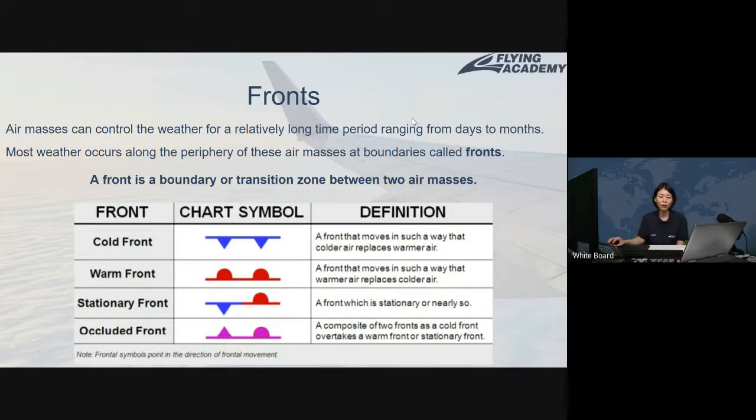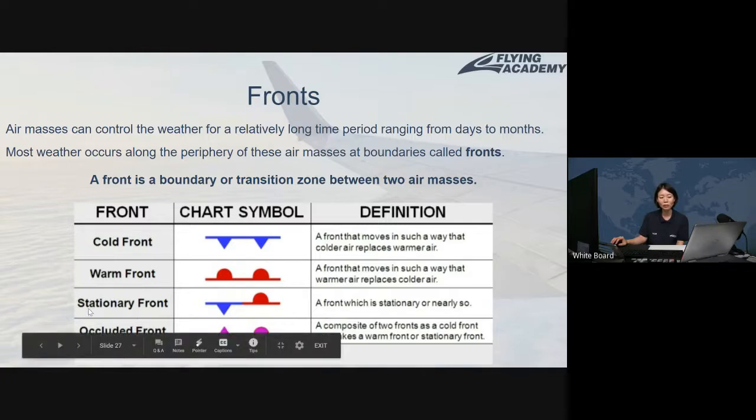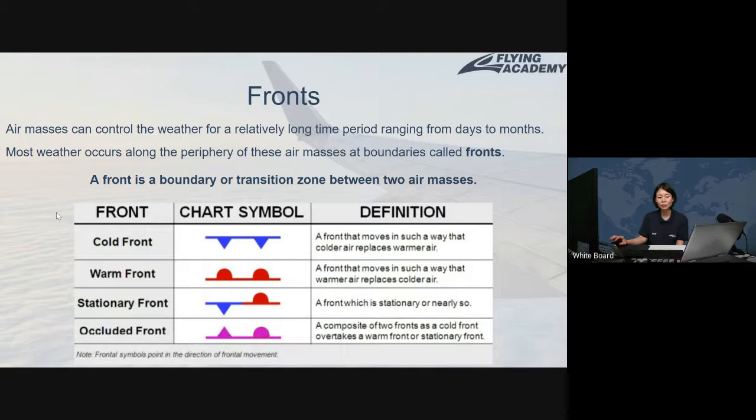We call it fronts. And we have four different kinds of fronts: cold front, warm front, stationary front, and occluded front as well. And these are the chart symbols. I'm pretty sure you see them in the news, because in the weather information they always say the cold front is coming, the warm front is coming, so the weather is like this and so on.